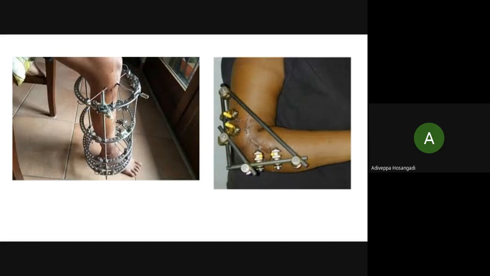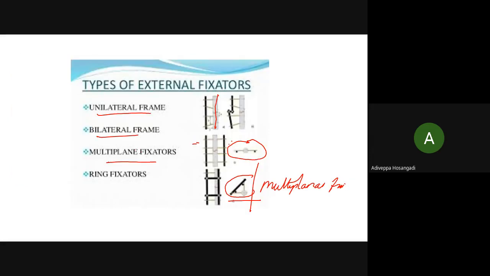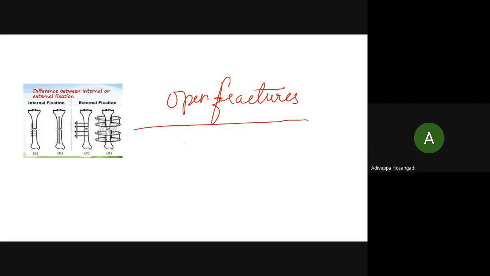This one looks like it is in one plane, the sagittal plane. The ring fixator you don't classify as uniplanar, multiplanar, unilateral, or bilateral. The ring fixator is multiplanar, multidirectional. I have explained this already. What is important, whenever we talk about open fractures, is that the stabilization or fixation of the fracture is invariably by external fixator only.